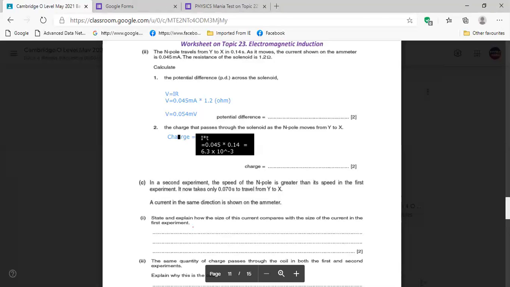Now it's fine. (6.3 into 10 to the power minus 3). How? Sir, multiplied.